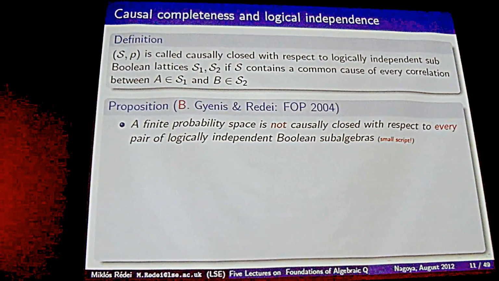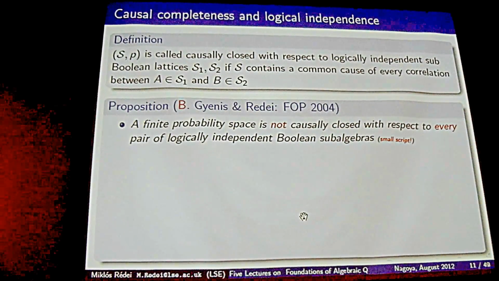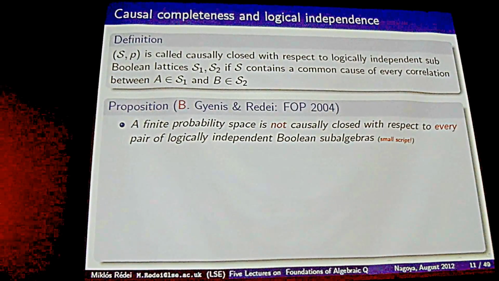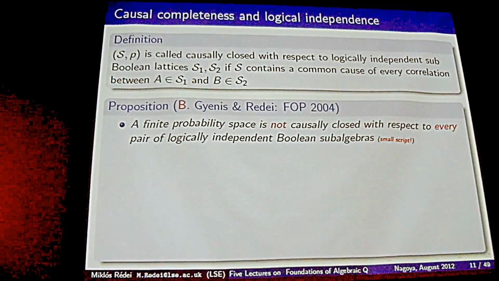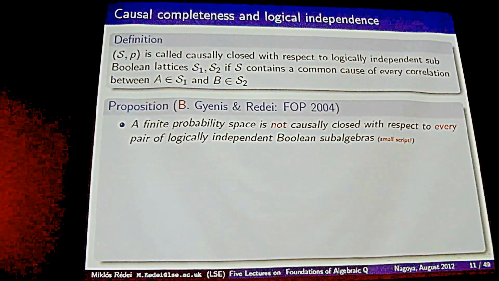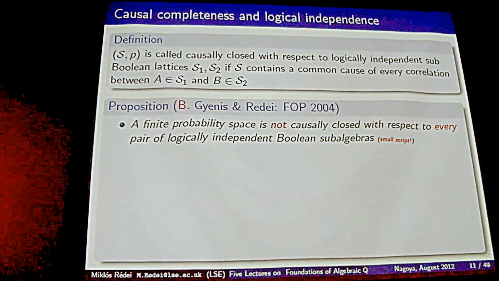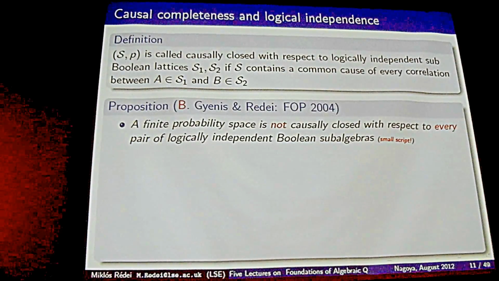And the question is, which spaces are causally closed in that sense, and which spaces are not? What can we say about this? The first proposition which I can present to you is that a finite probability space is not causally closed with respect to every pair of logically independent Boolean subalgebras.